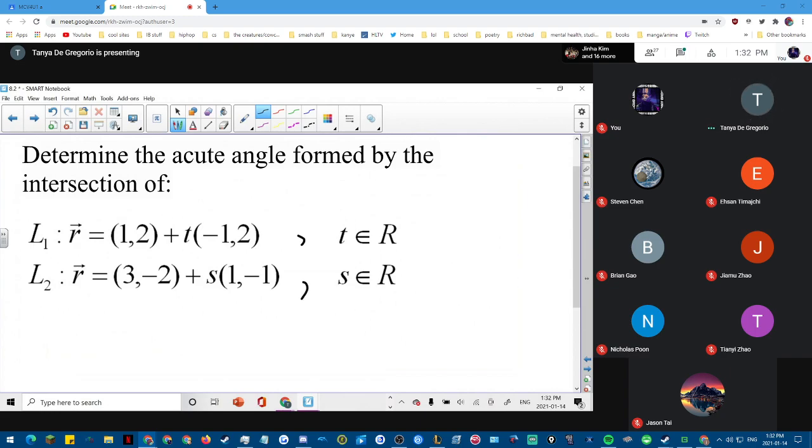Should have commas here. Okay, well, we want to know an angle. We're talking angles now, angles formed between these two lines. What do you think I'm going to do? How do we find the angle between two vectors? We use the dot product. So I'm going to use the dot product here, and I'm not going to use component form. I'm going to use the geometric form because I'm looking for an angle.